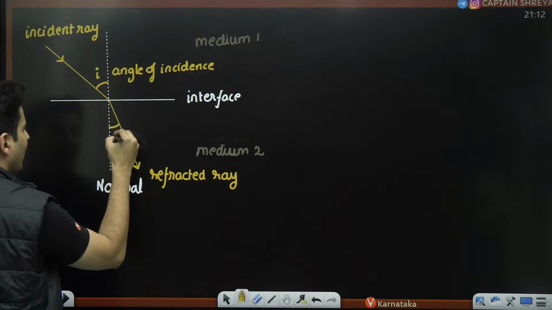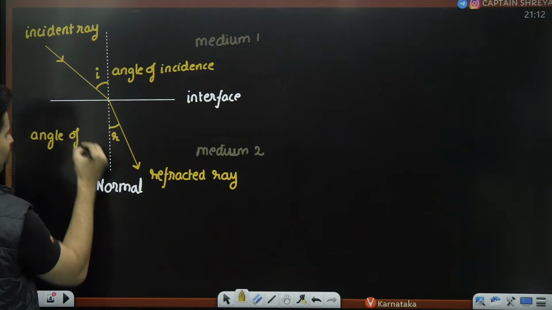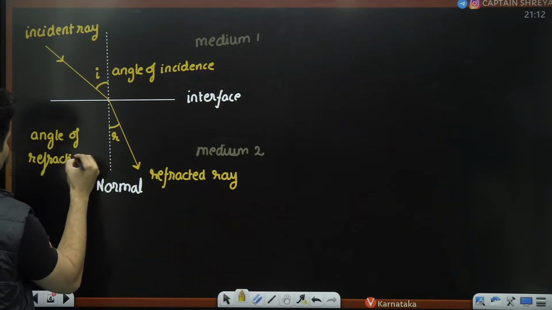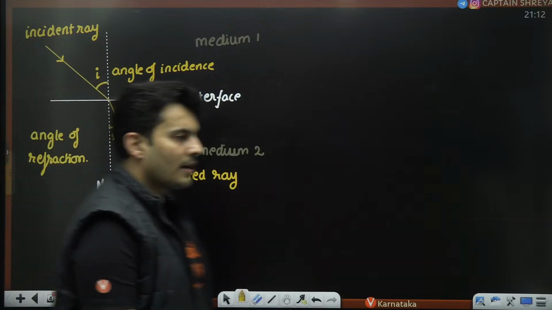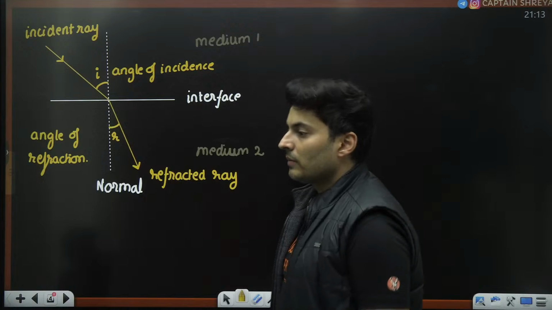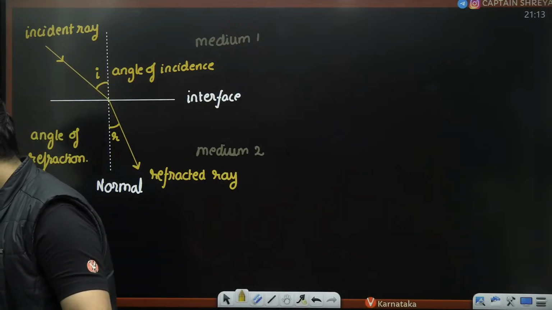This angle R is called, because this is refracted, the angle of refraction. So this is R, this is I, angle of incidence, angle of refraction. I hope this is clear.